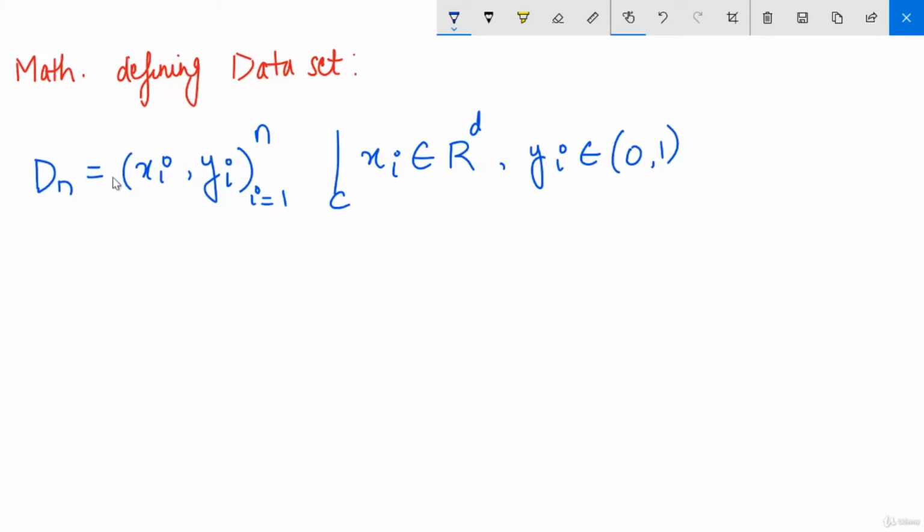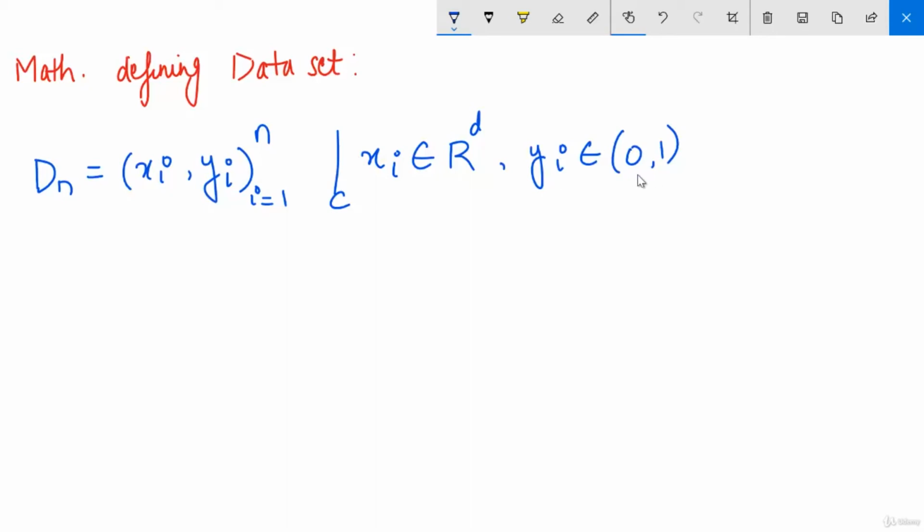So this is our input. yi will be the output, like yes or no, whether it is spam or not. i goes from 1 to n, where you have n input values. And this is such that xi belongs to real values of d dimension, and yi belongs to {0, 1}.